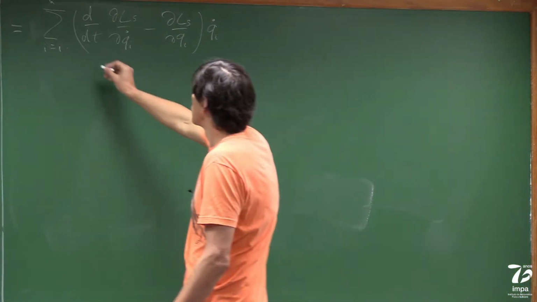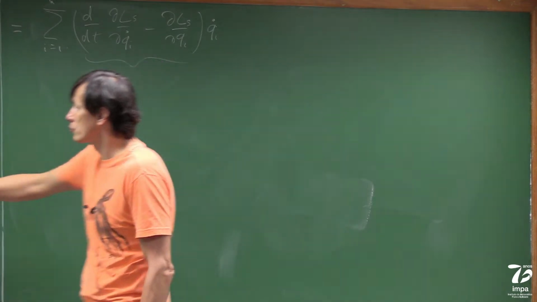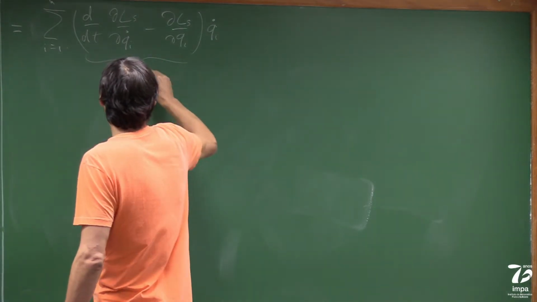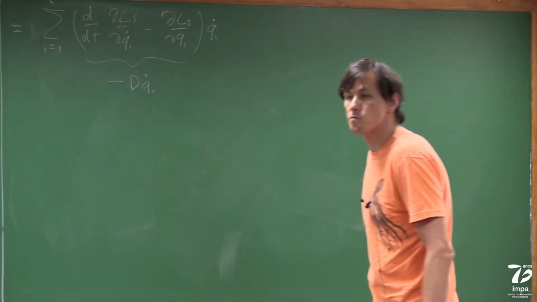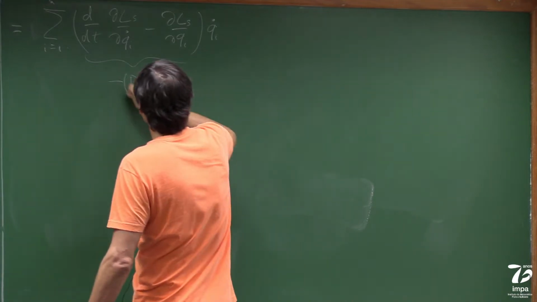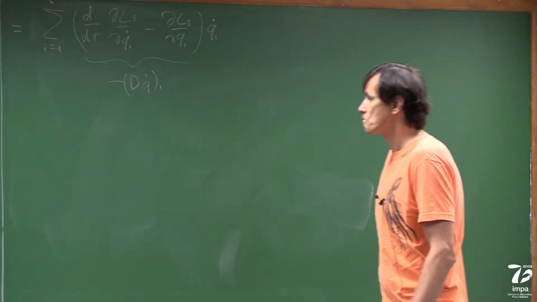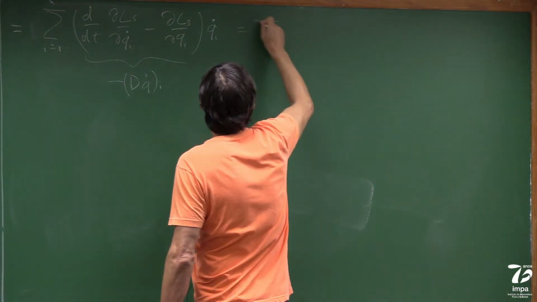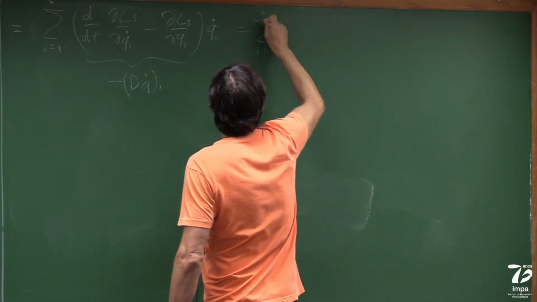Now, from the equation of motion, we know that this is minus dD/dq dot, no, dqi. So then it becomes a sum with a minus.